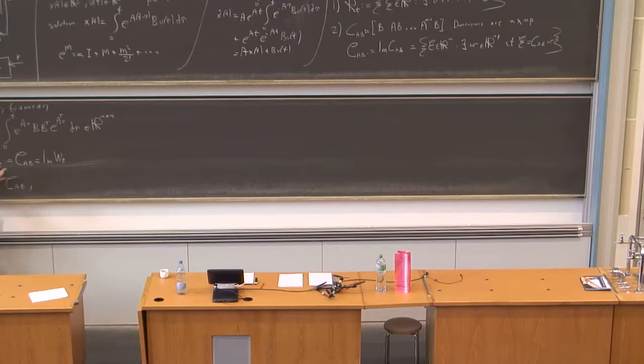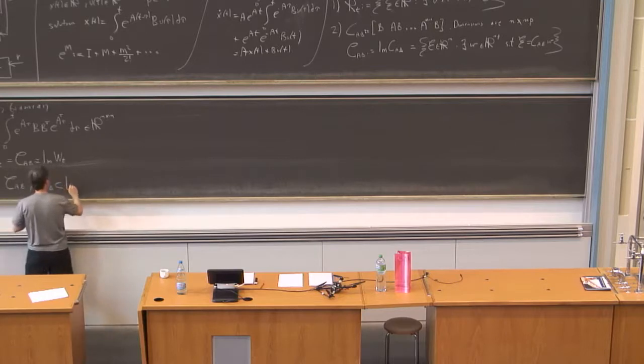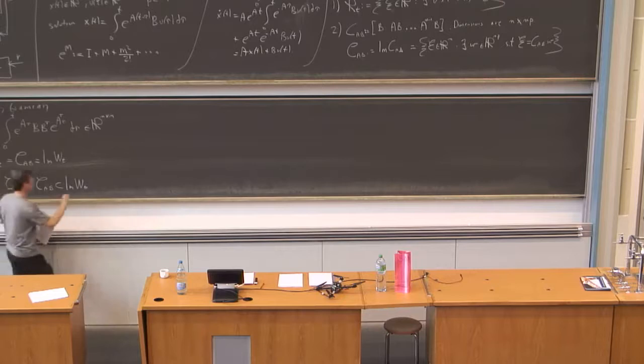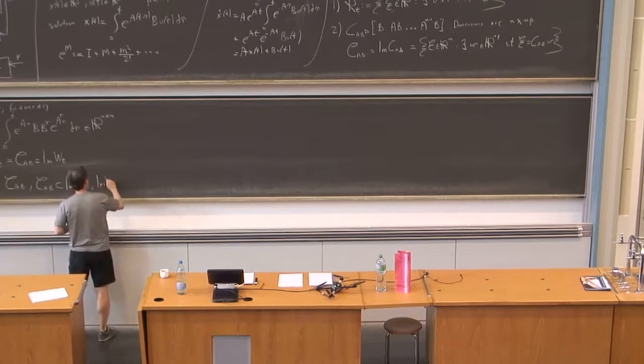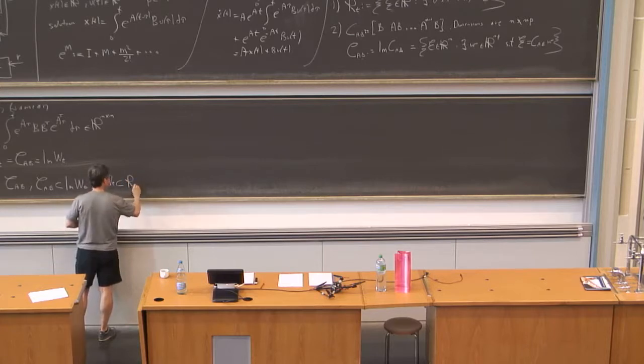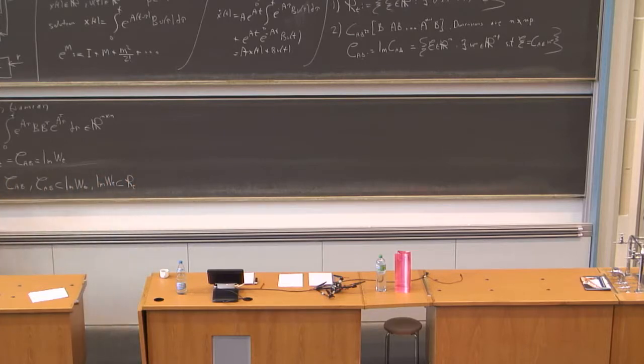So we're going to show that this is a subset of image WT, and then we're going to show that the image of WT is a subset of RT.